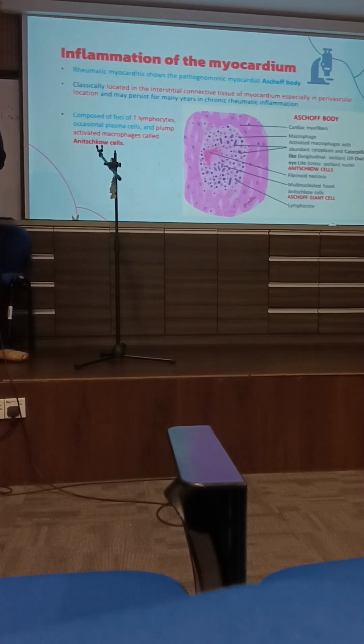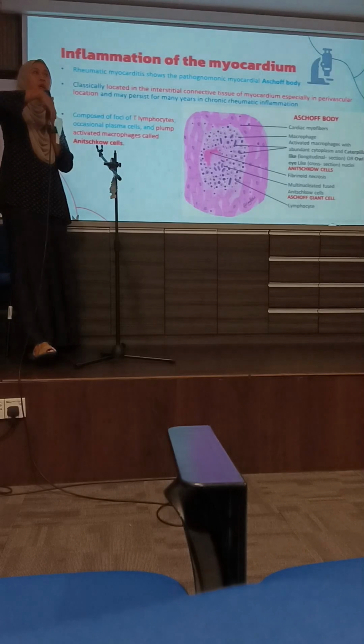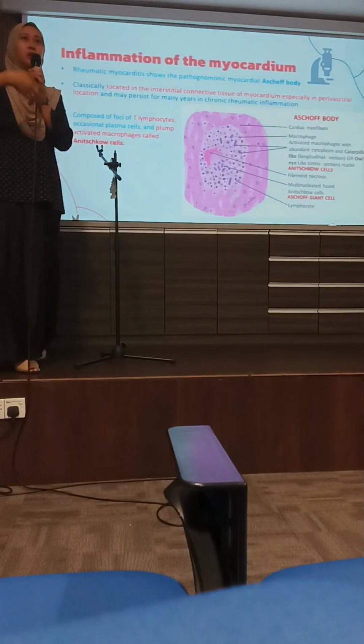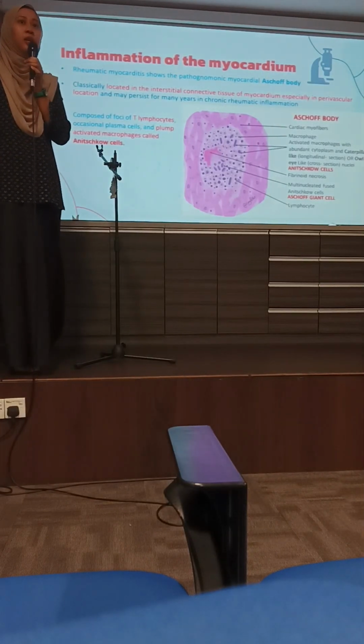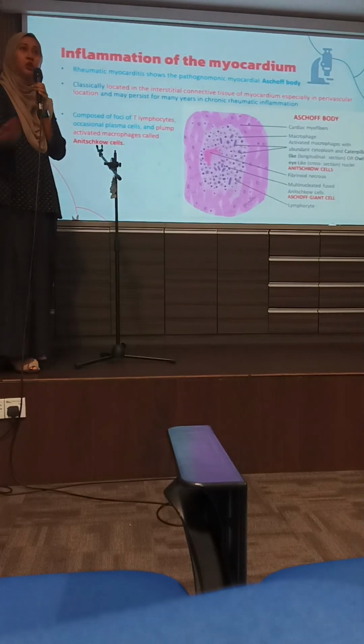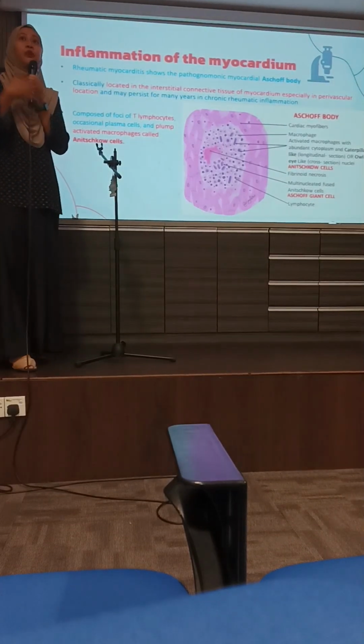So similarly, in an Aschoff body, it's comprised of plump activated macrophages, also known as Anitschkow cells, with lymphocytes surrounding it. Okay? And then typically they have fibrinoid necrosis. Have you heard that term before? Fibrinoid necrosis? Okay, so in the granuloma of TB, what necrosis do you get? Caseous necrosis. So in an Aschoff body, you get fibrinoid necrosis.